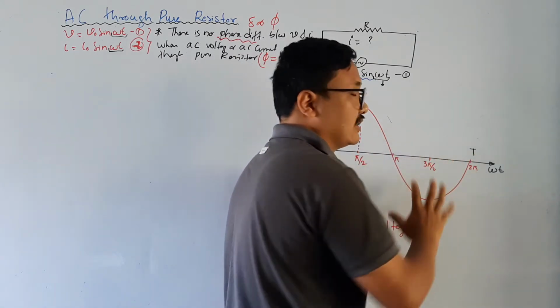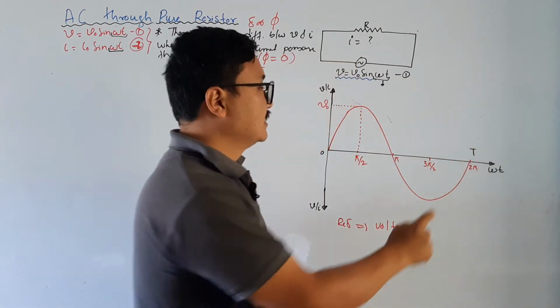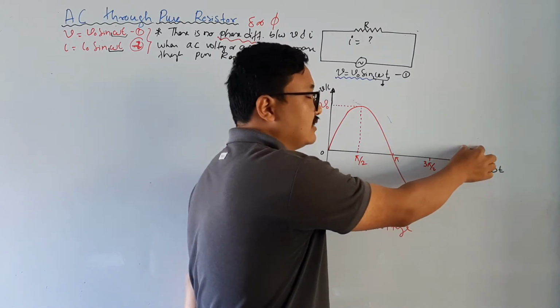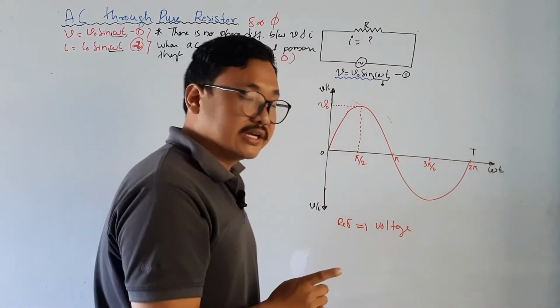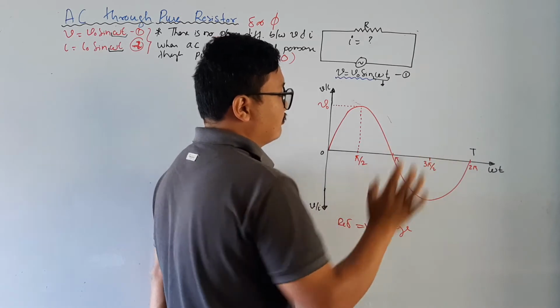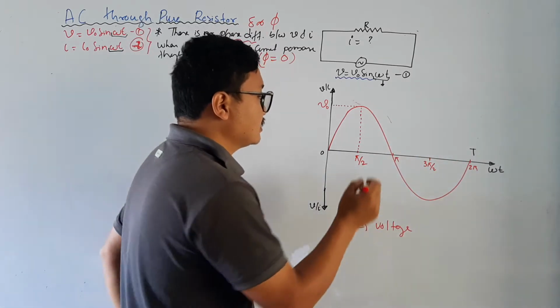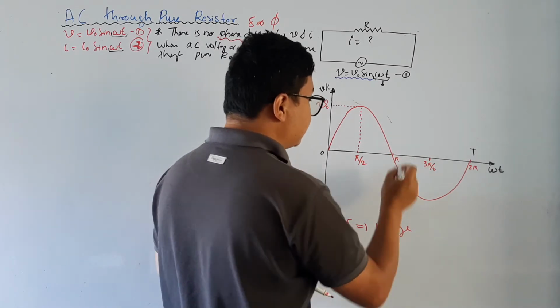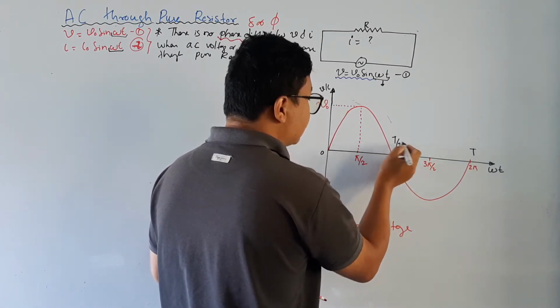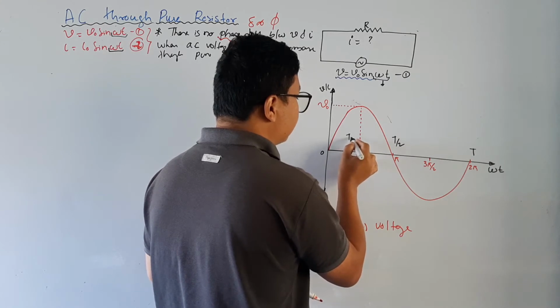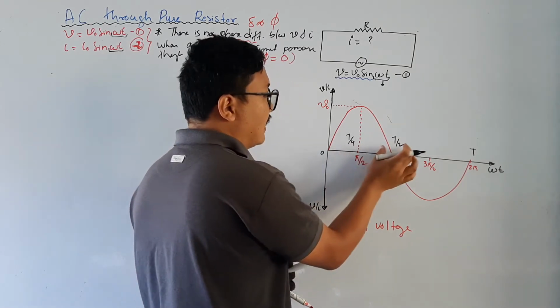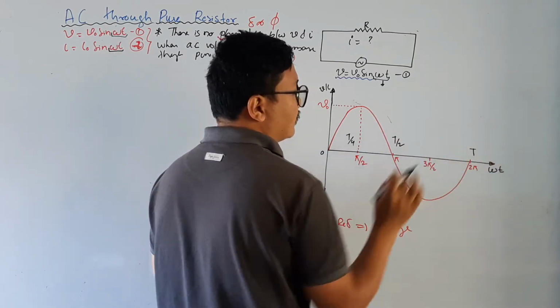So this is making a complete cycle T. I am writing T just to explain why I am writing pi, 3 pi by 2 and 2 pi, etc. So this will be T by 2, this will be T by 4. Quarter time, half time, T by 2, and this is full time.